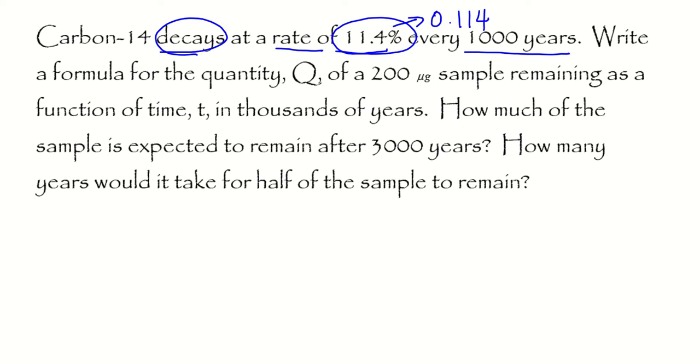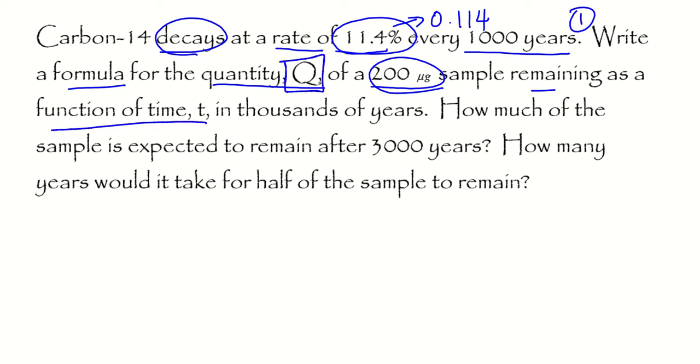Our job is threefold. The first thing we're supposed to do is write a formula for the quantity Q of a 200 milligram sample that is remaining as a function of time t, where t is measured in the thousands of years.